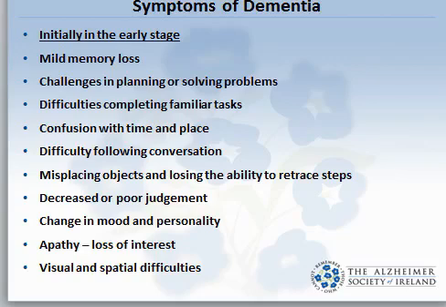They might misplace objects and lose the ability to retrace steps. They might have decreased or poor judgment. They might have slight changes in mood and personality. They may lose interest in certain activities, and they may have visual and spatial difficulties. In the early stages of dementia, these symptoms will usually be mild. So basically, mild and infrequent is what I would say in the early stages.